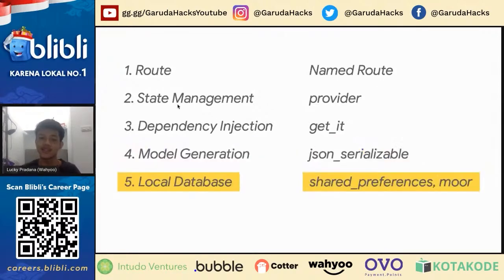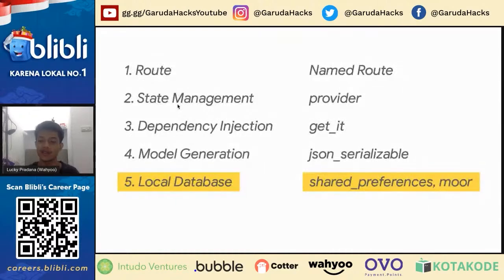Next is local database. There are some local databases. The first one is SharedPreferences. It's just for saving simple data like a string, a list of strings, or just a boolean. Second is Moor. For those who don't know, Moor is basically a backport of Room. If you're from an Android development background, you may be familiar with Room.